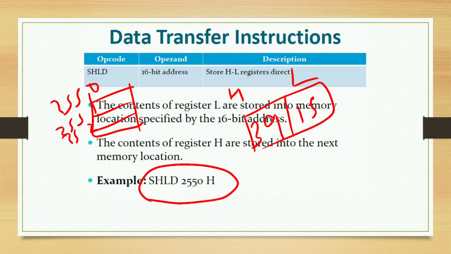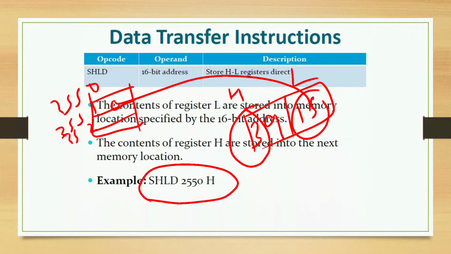SHLD 2550 will store the content of register L, that is 15, in memory location 2550H, and the content of register H is stored in the memory location 2551.